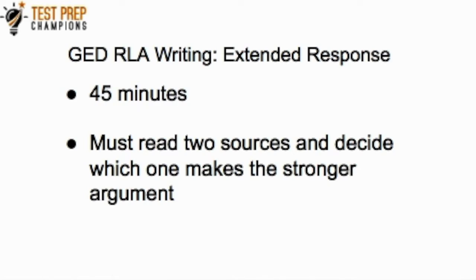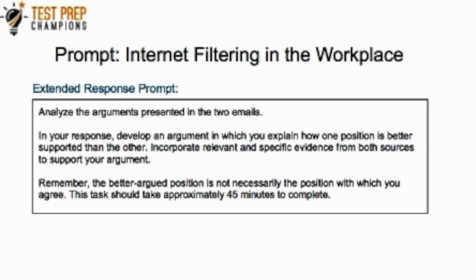So the basics of the essay: you have to read two different sources and decide which one is making the stronger argument. You're going to have 45 minutes to write. There's a bit of a debate about whether that's enough time, but that is what you're given, so we have to live with that. To show you some examples of prompts, you might have to read two different emails and pick which author is making the stronger argument.